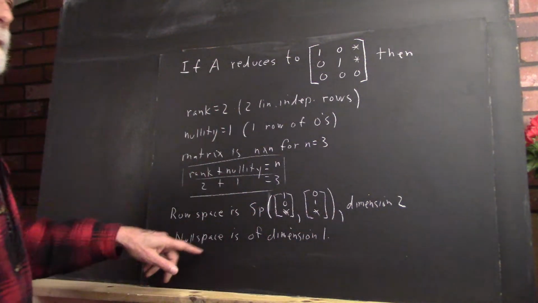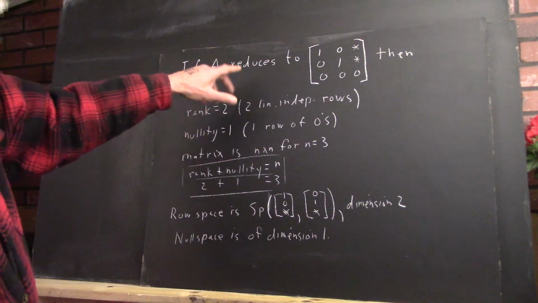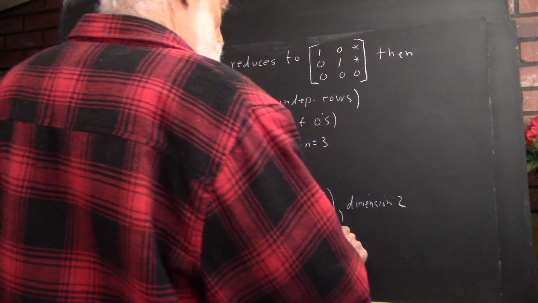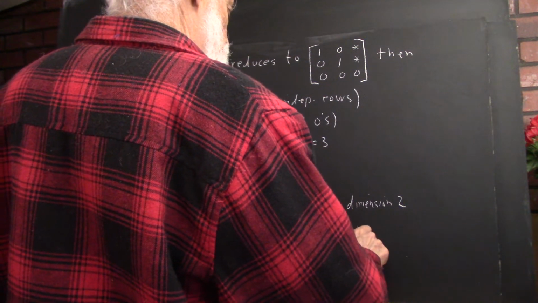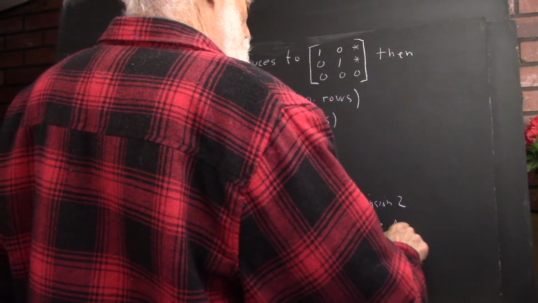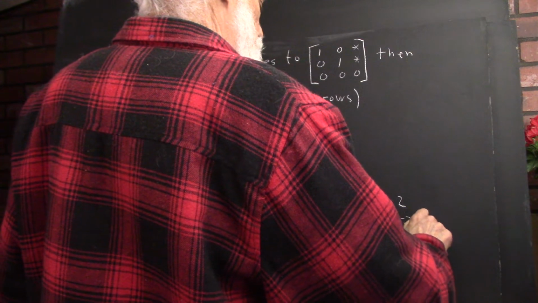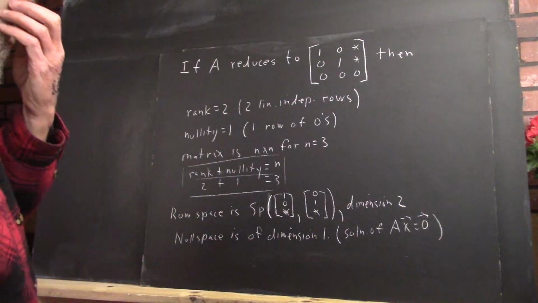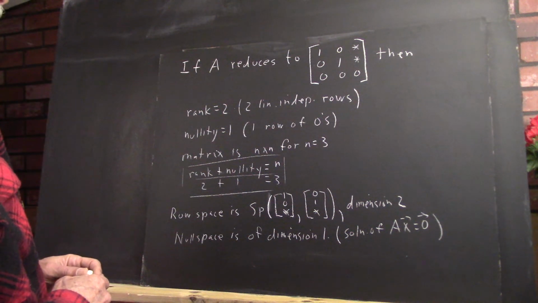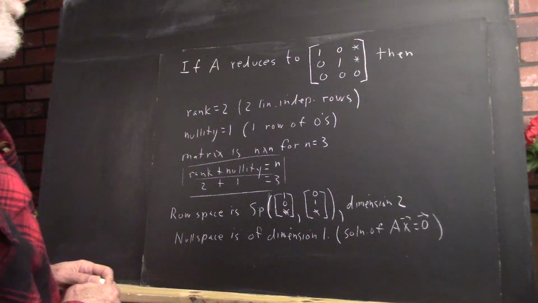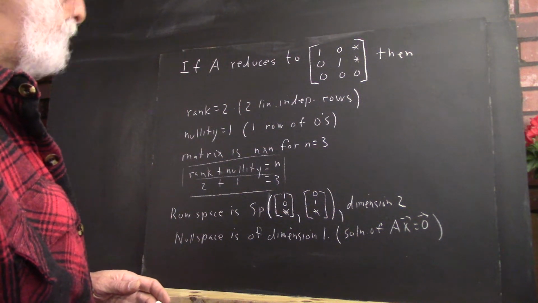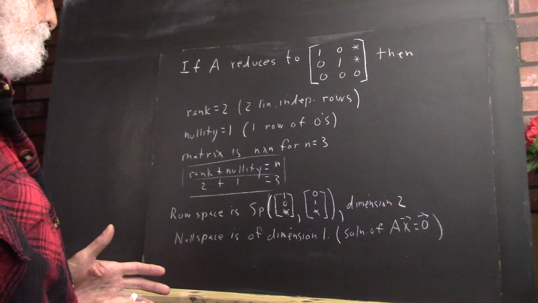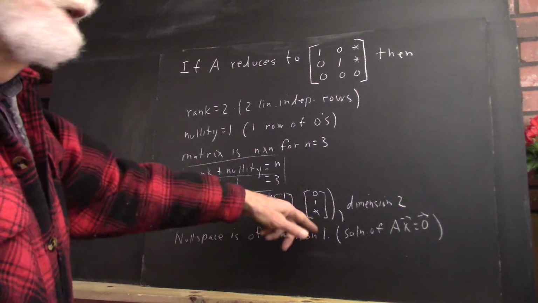That's where you would write the solution to the matrix equation AX equals 0, the zero vector. Now I'm just looking at space here. These vectors are in 3 dimensions.